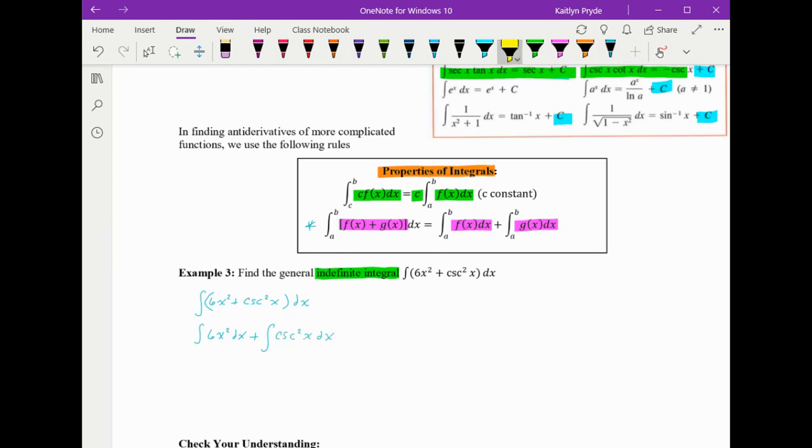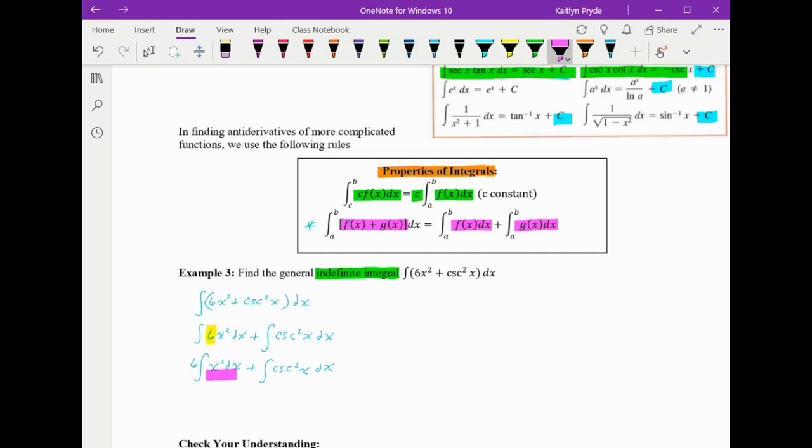Well, the 6 is a constant, so technically I can move that to the outside, and I have 6 times the integral of x squared dx plus the integral of cosecant squared x dx. Now I can take the integral of each of my functions separately.